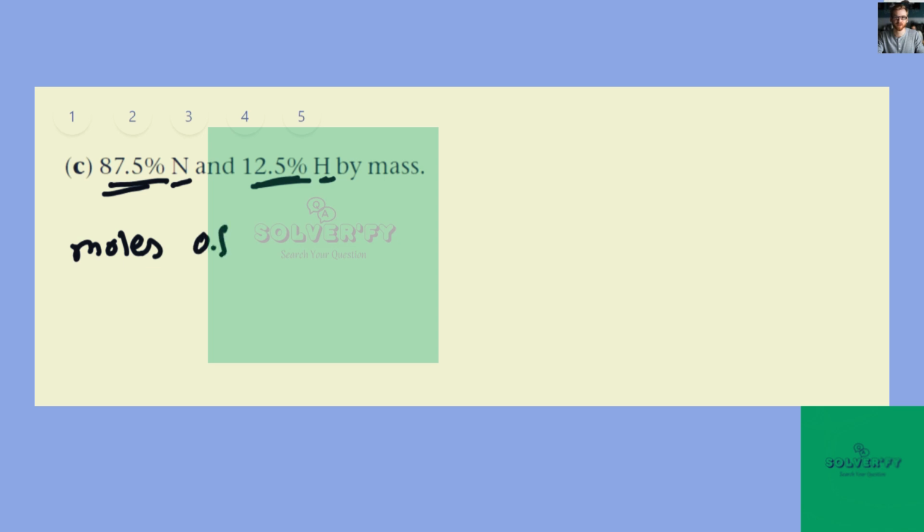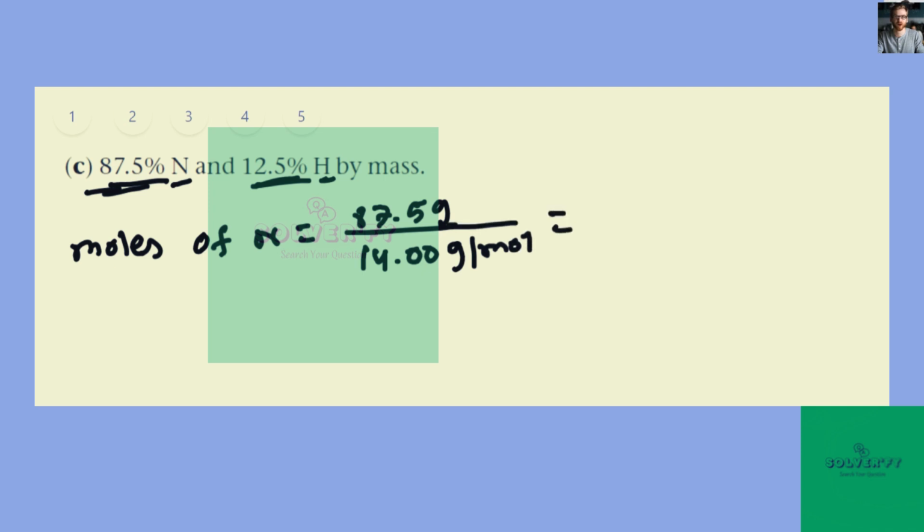Moles of nitrogen here is 87.5 gram, which is the mass of nitrogen in the sample, over nitrogen's molar mass, which is 14.00 gram per mole. So this will give us a value of 6.25 mole.